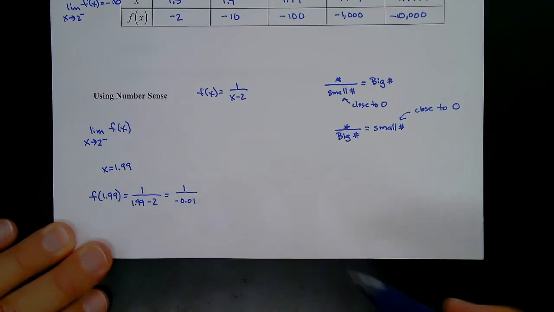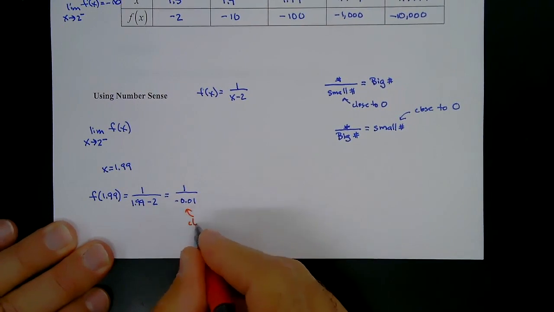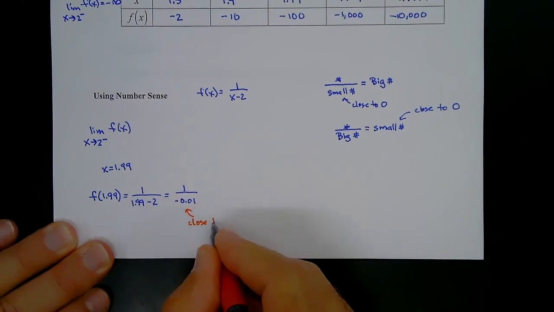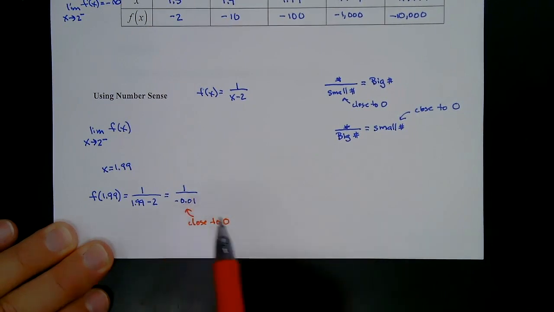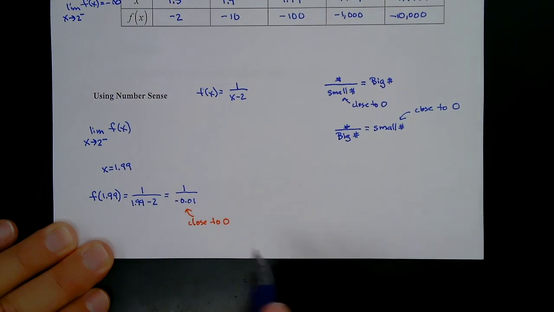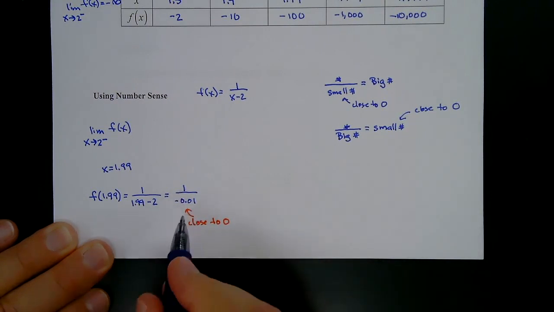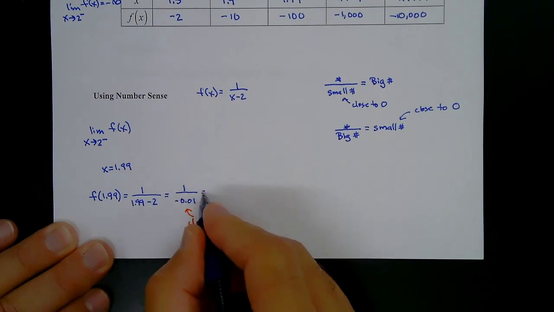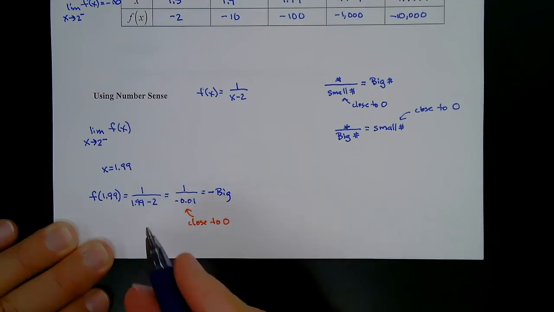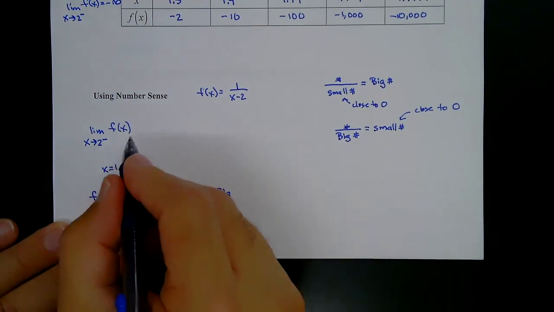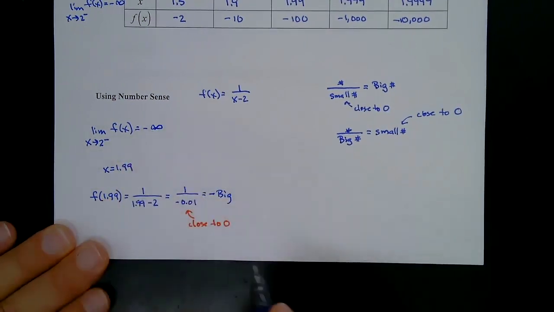This number is really close to 0. So we're dividing by a really small number, which is going to make the output a really big number. But the numerator is positive and the denominator is negative, so this is going to come out to be a negative big number. And what negative big number really means is this is equivalent to negative infinity.